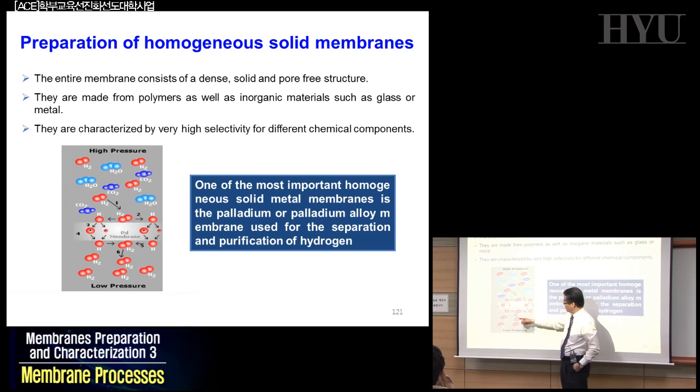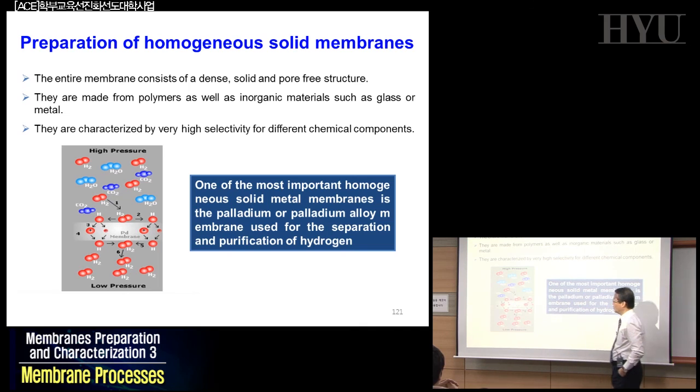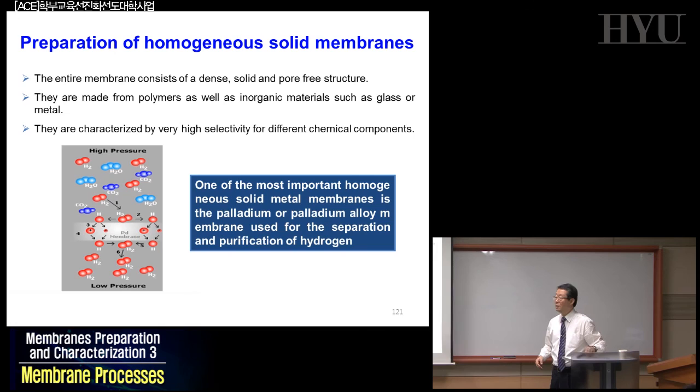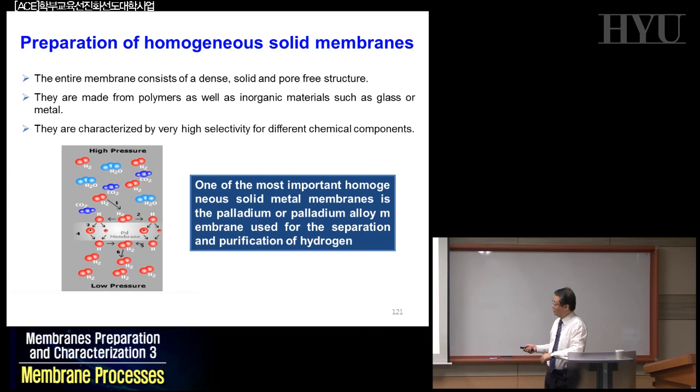And this hydrogen ion will be dissociated or dissolved from the opposite side of your membrane interface. And the ions get together to become hydrogen molecules. So this way, the hydrogen ion is transporting through this palladium membrane, and this is one example of an ion transporting membrane as well.